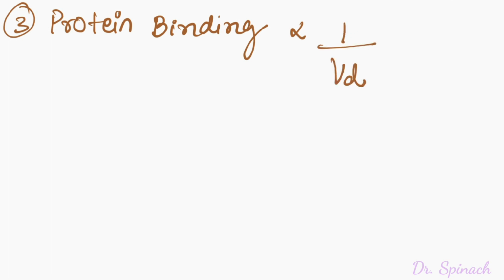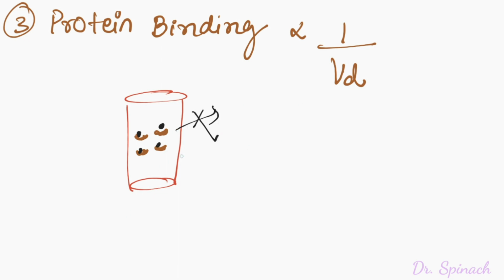The third parameter on which VD depends is protein binding. The VD is inversely proportional to protein binding. Why? Because when the drug is protein bound, it remains in the intravascular compartment and hence cannot be distributed to the tissues.